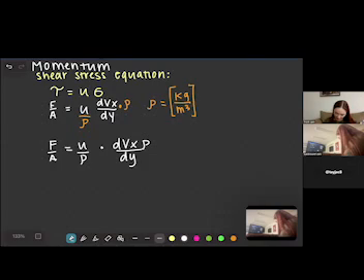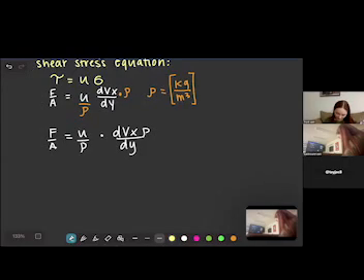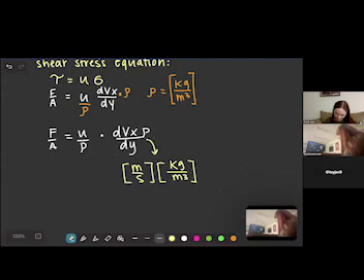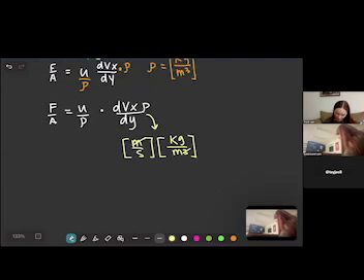So if we take a look at the shear rate, velocity is in meters per second, multiplied by the density, which is kilograms per meters cubed. When they cancel out, you are left with kilograms per meters squared per second.